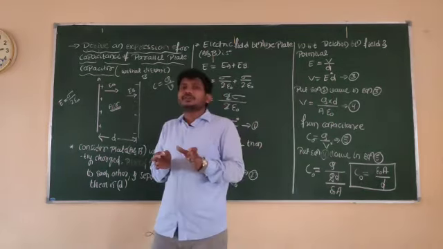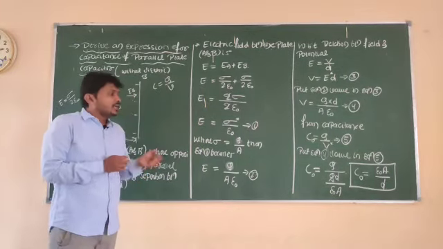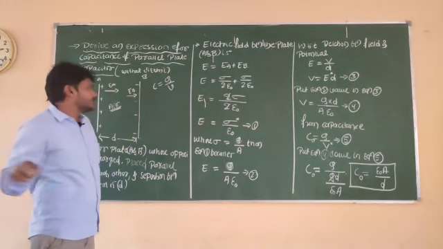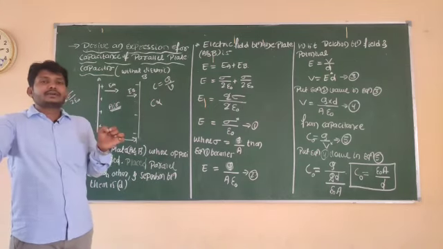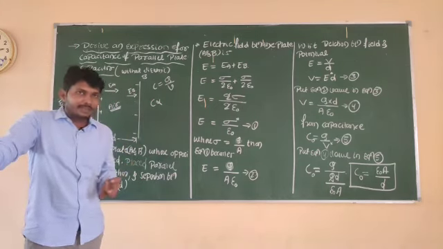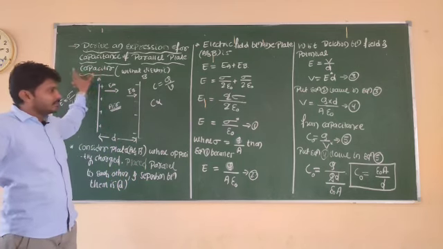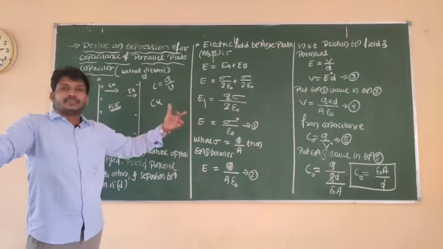So from this equation, what's the conclusion I need to give here? On what factors does the capacitance of a parallel plate capacitor depend? In theory examinations, most of the time this equation they will ask for 3 marks.